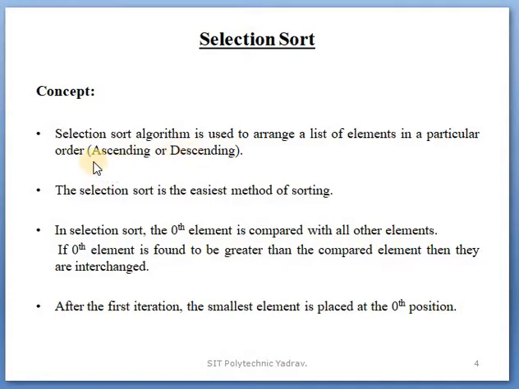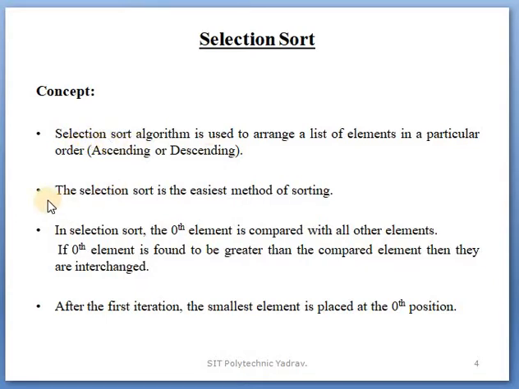Generally the order is ascending. Questions are not often asked in descending order, but in future, in your exam, if you are asked to arrange the elements in descending order, you should know that the order can be ascending or descending.